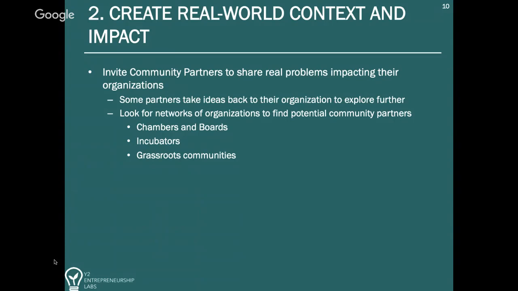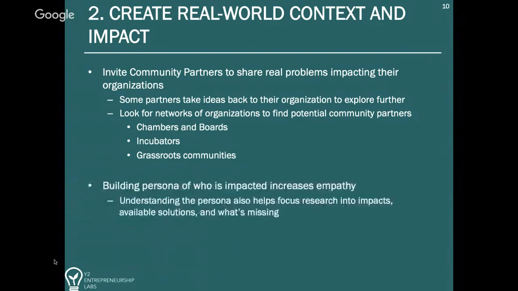Local, regional, provincial or state governments will offer incubators oftentimes. And then there are grassroots communities, communities of business owners and entrepreneurs who will band together, maybe in the form of meetups, maybe in the form of loose communities that are separate from chambers and boards. That might be something in your area that you could tap into. So there are places to look to find community partners who would be interesting for your students and offer challenges that your students could tackle.